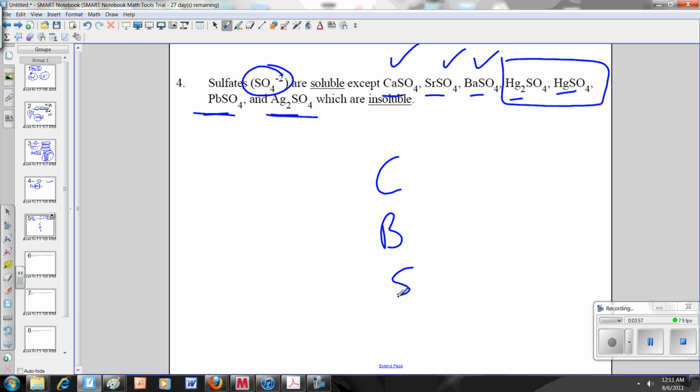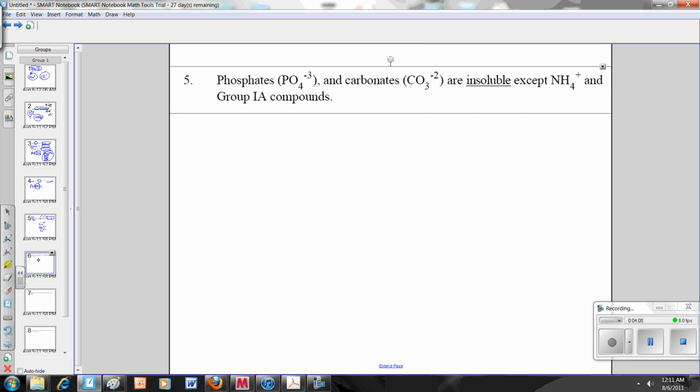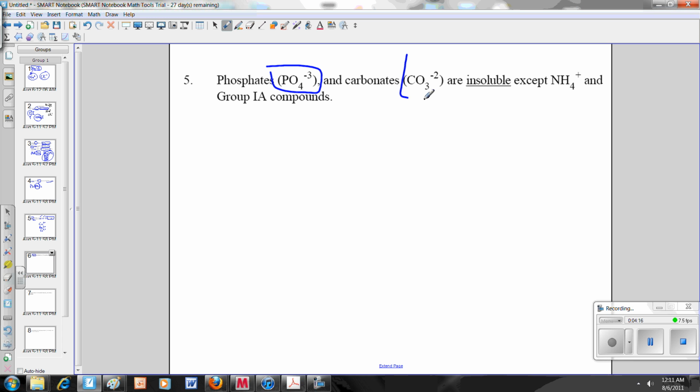Think of it that way: calcium, barium, strontium. They're all 2 plus. If they're put together with an SO4 at the end in an ionic compound, they're insoluble. They won't break apart. Next one. These are always considered insoluble: phosphate, carbonate.